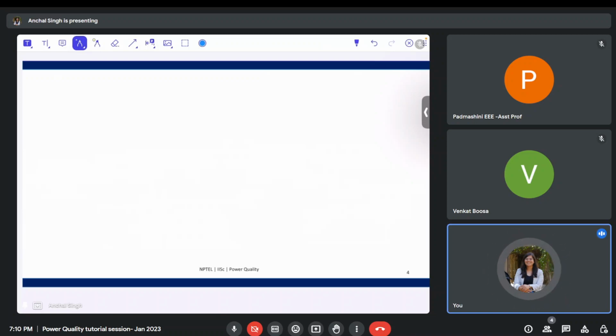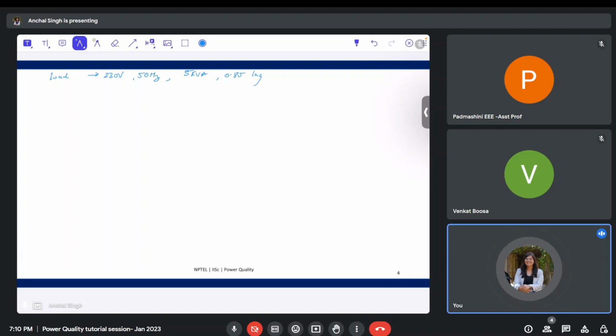In the question, the RMS voltage of the load is given as 230 volt and 50 hertz, 5 kVA and 0.85 lag, right? This is about the load.